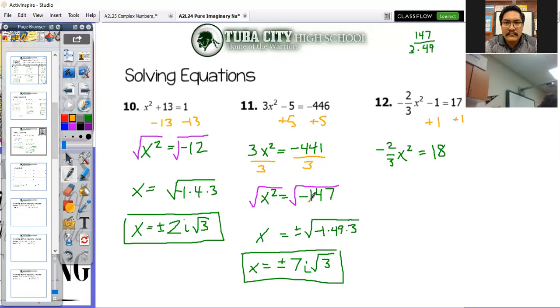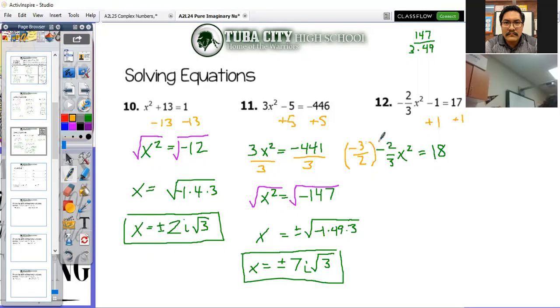But I'm going to do a shortcut here and multiply both sides by the reciprocal. We need the reciprocal because this is the multiplicative inverse. But reciprocal would mean that we reverse the numbers in the fraction. So instead of 2/3, we get 3/2.